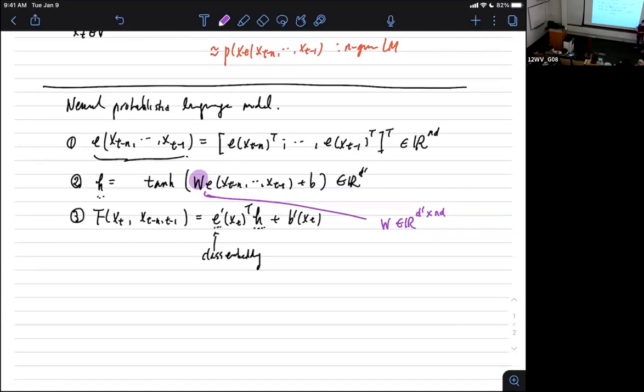Wait, so why is it that that line has a total dimensionality of d prime? Because we have our W matrix times this embedding of the input sequence, which was an nd-dimensional vector. So we have d prime by nd, times nd by 1, so we get d prime.